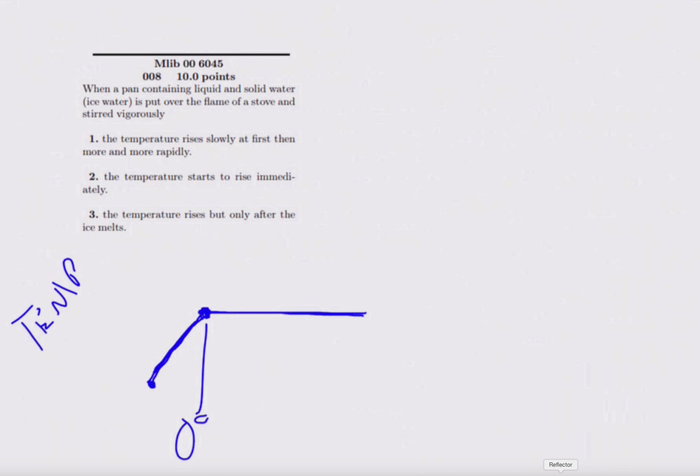So the temperature cannot go up until all the ice is melted, and once all the ice is melted, then if you keep heating it, the temperature will go up again until you reach the boiling point up here somewhere, 100 degrees Celsius, and then it will level off again while all the water boils. Once all the water boils, you can heat the steam up even further.